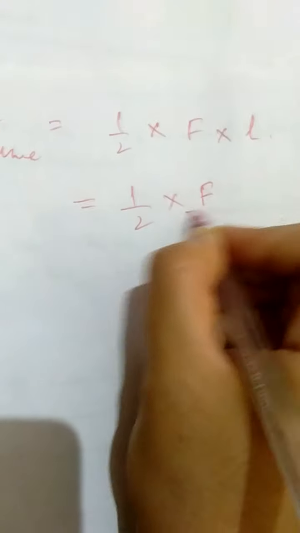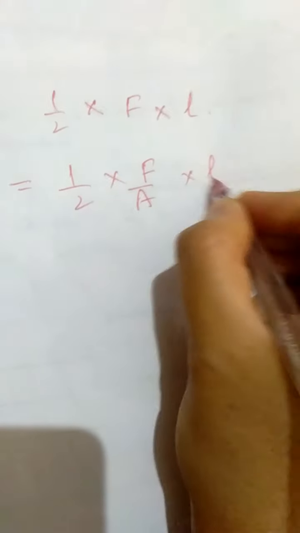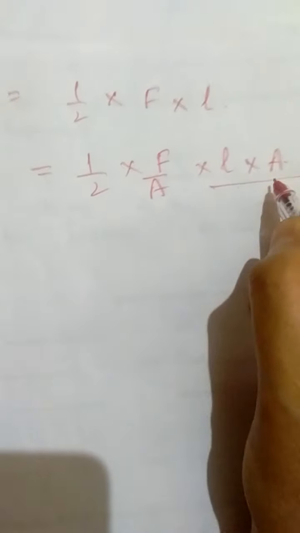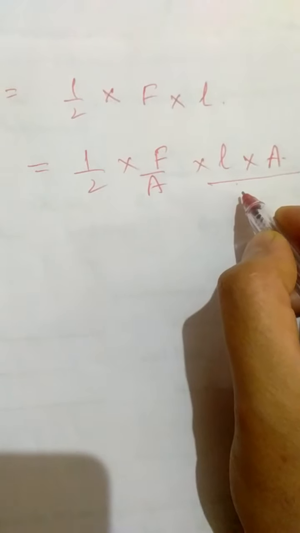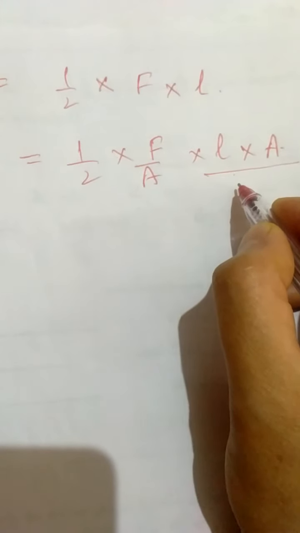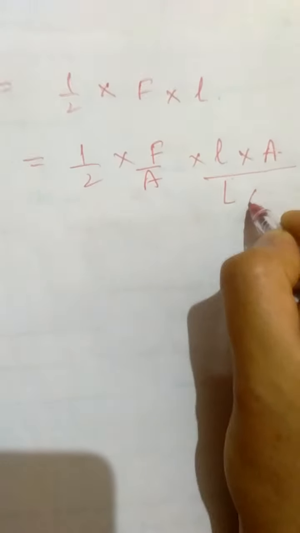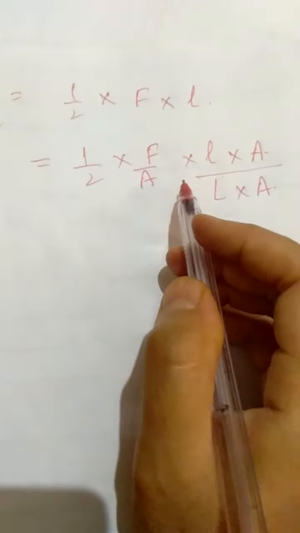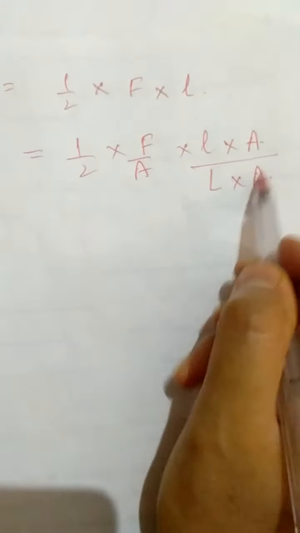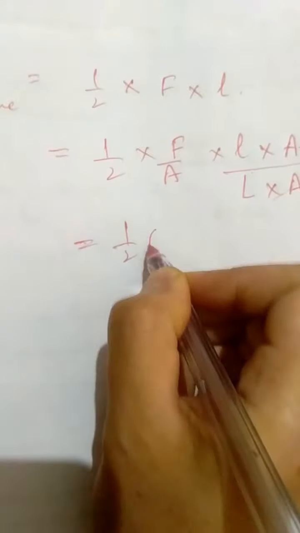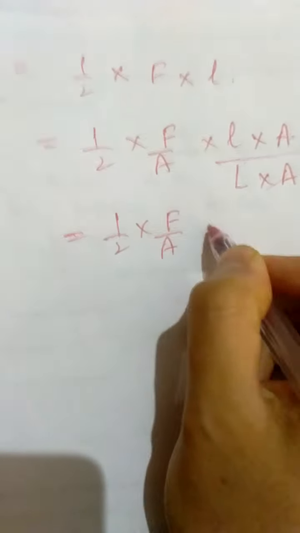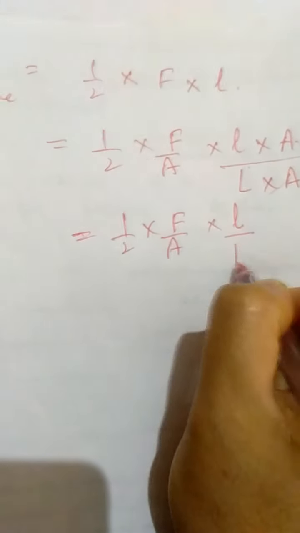That we multiplied and divided it by A. And then if we are interested in work done per unit volume, we further need to divide it by volume, and volume is the product of length and area. So length L and area A. So what are we left with? A and A go. We are left with half of F by A into l by capital L.